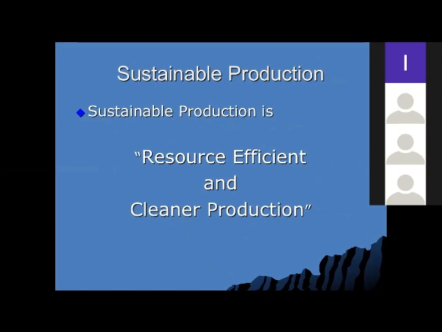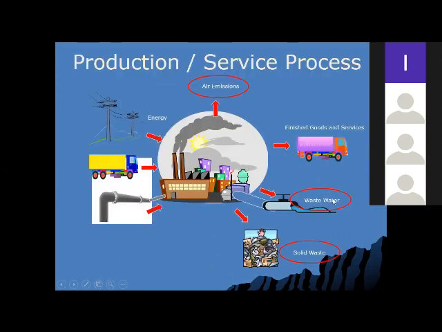Okay, so sustainable production is very important. Sustainable production is resource efficient and cleaner production. This, of course, all can understand. Resource efficient and cleaner production. That's the main thing that we need to think of when we think of sustainability in production. Okay, this is to show you.